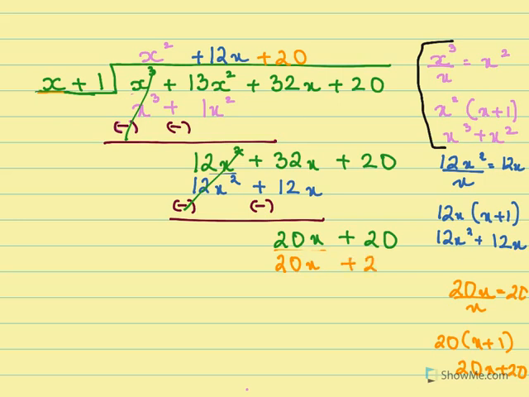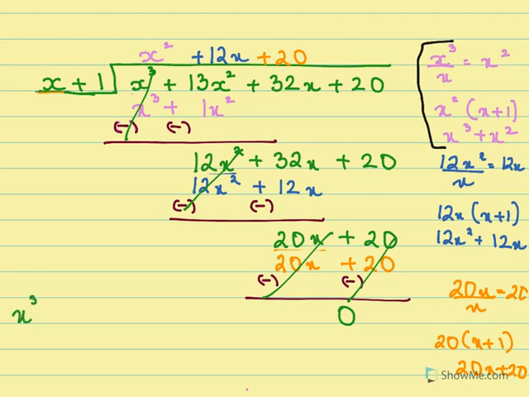We are subtracting, so we change the sign. The plus is minus here. And now plus 20 minus 20 cut, 0. And the remainder has come 0, and that is what we expected because we know it is a factor.